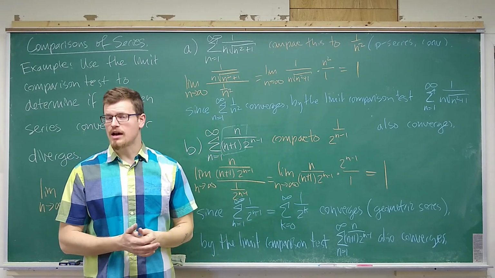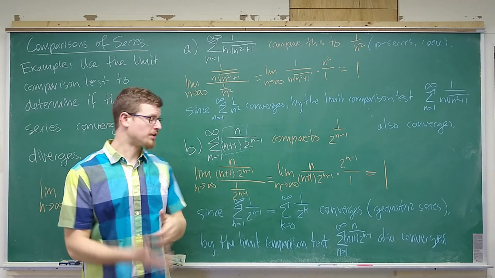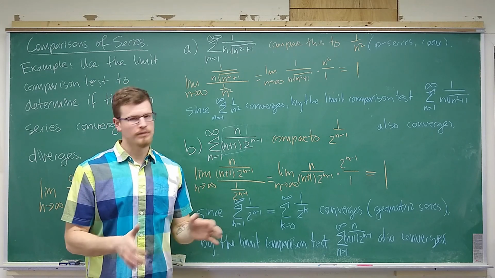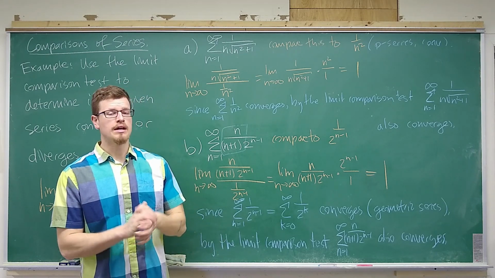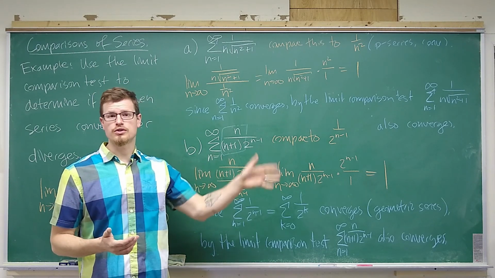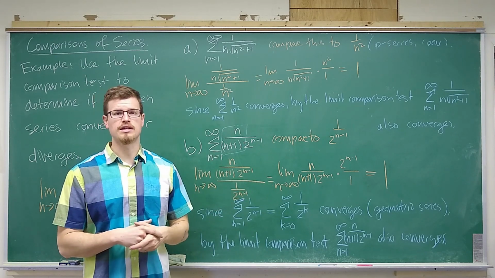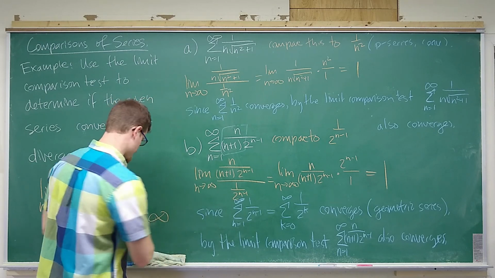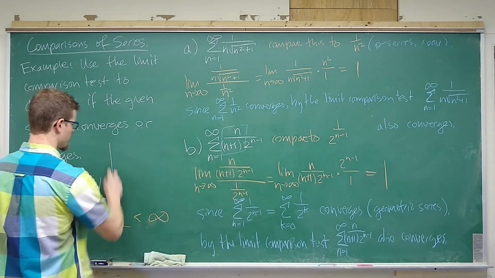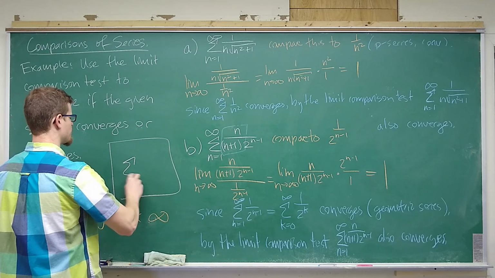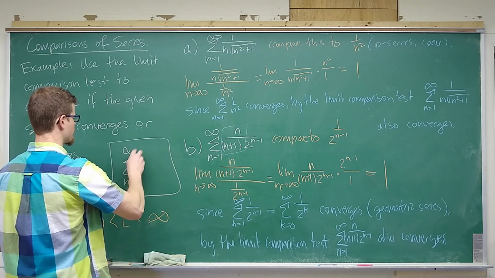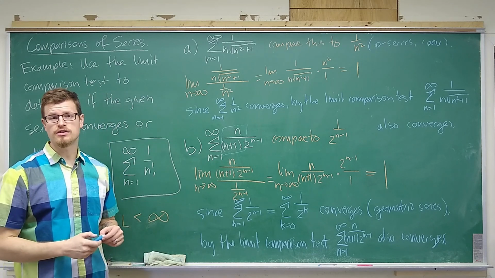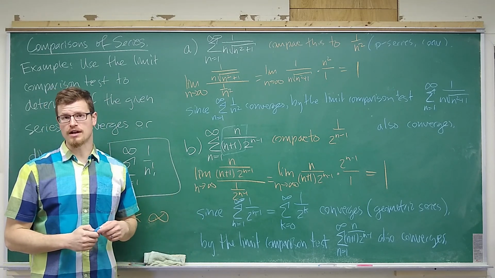Now, will it always work out that you can use the direct comparison, or the limit comparison, with the same series that you would have used for the direct comparison? That's not necessarily the case. If you were to return to the video where we discuss the direct comparison test, you would find that in the series we discussed there, the sum from 1 to infinity of 1 over n factorial, we compared that to the series of 1 over n squared.